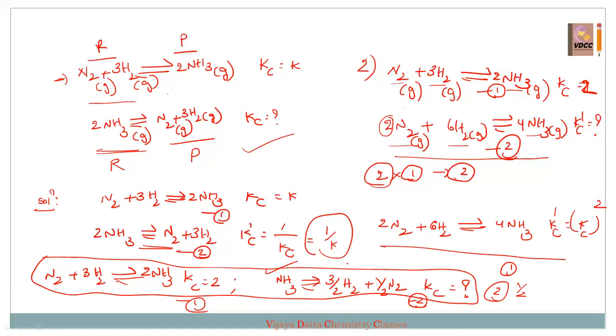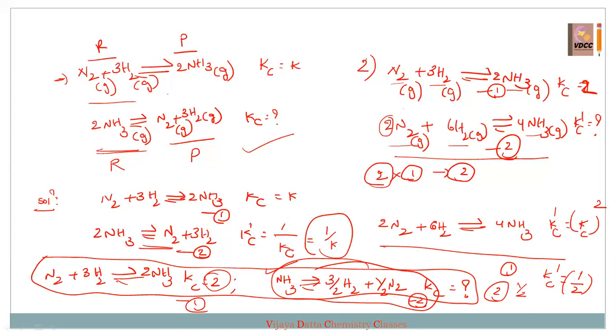Now what is the Kc for this reaction? It is very easy. We have to apply both at the same time. Kc dash is equal to, if they reverse the reaction, we have to take the reciprocal. Here Kc is 2. Reciprocal of 2 is 1 by 2. Fine. And they applied the second part also. What they did? They multiplied with half. So if they multiplied with any factor, we have to write that factor as the power, right?